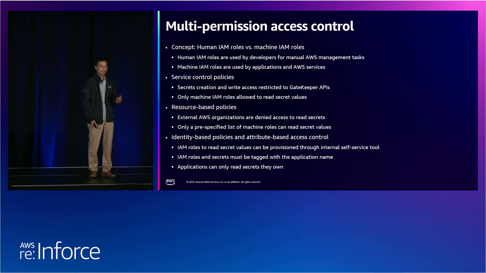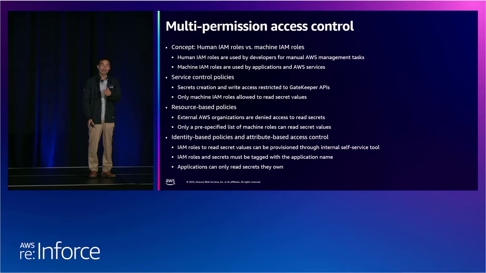But when I design this solution, by creatively using the resource policy I just talked about, saying, hey, only this list of IAM roles can read the secret, then we don't have to enforce that on the identity-based policy.